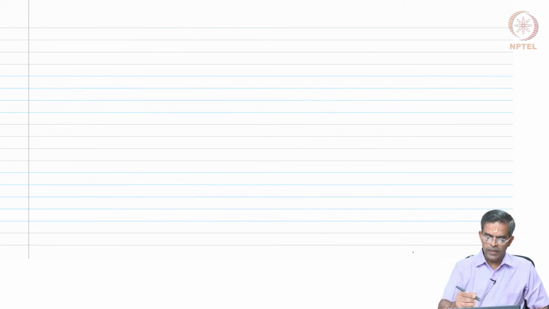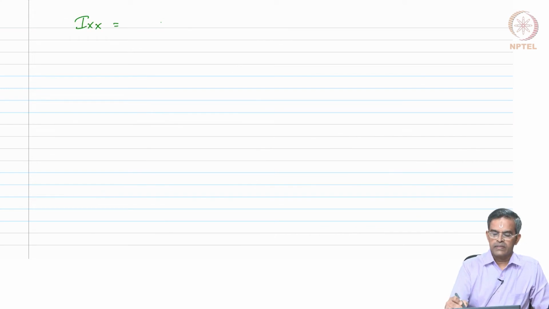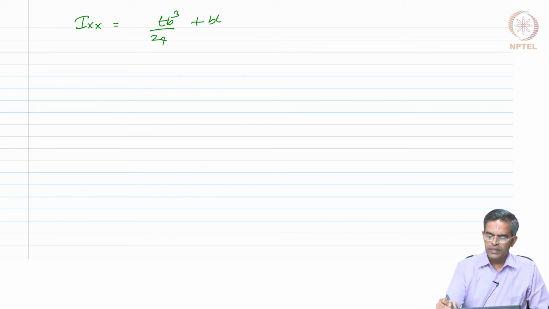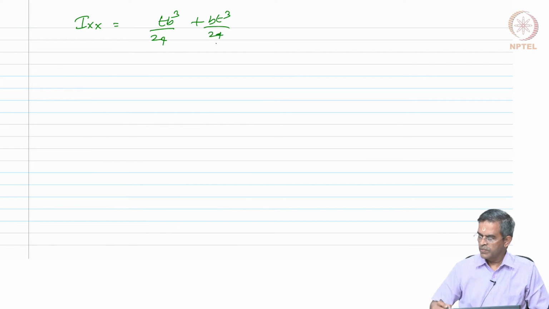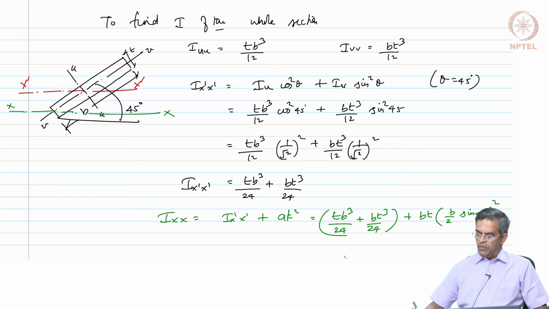So, which will give me IXX as TB cube by 24 plus BT cube by 24 plus B cube T by 8. Okay. B cube T by 8.